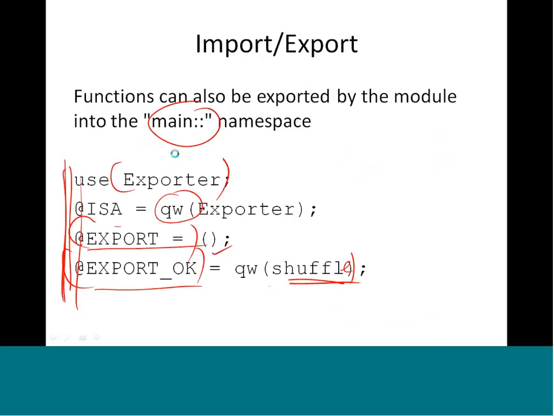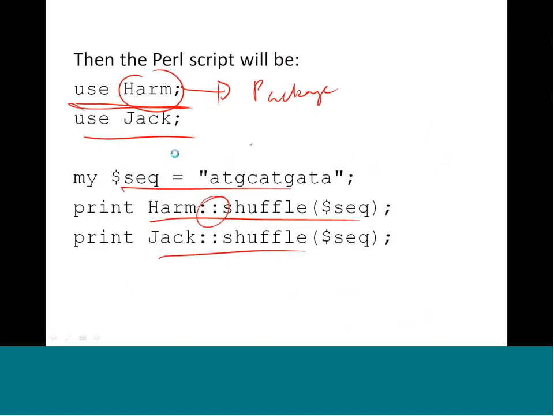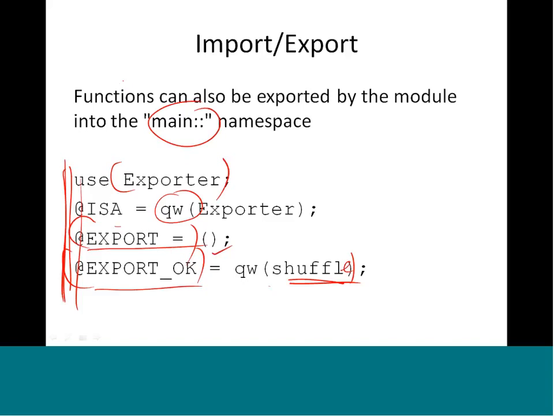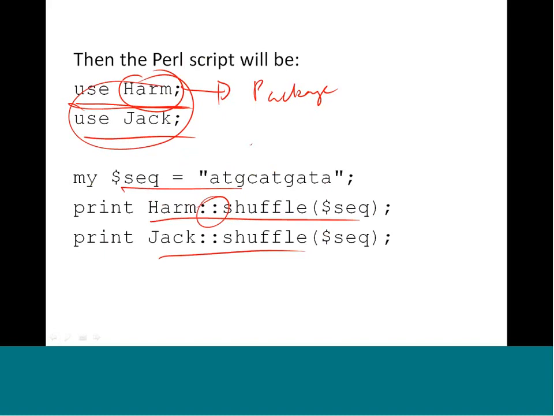So another way to do it is to export it into the main context. So this is a simple export, use harm and jack, but you can also export into the main namespace, so that we can avoid every time typing some name followed by colon.